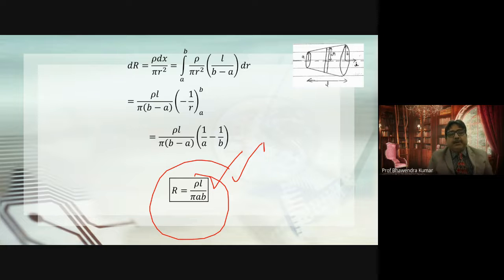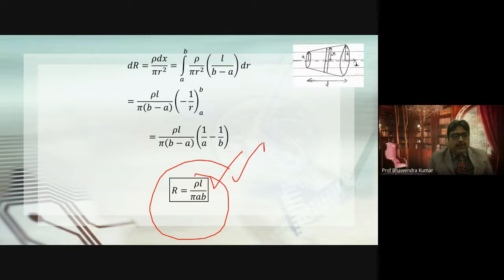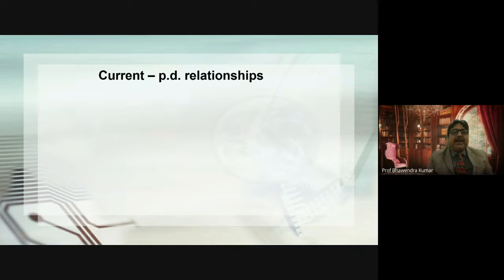Yes, all of you understood? Yes. Okay. Now we know that for Ohm's law, I is directly proportional to V. And according to that, there is a straight line behavior for the ohmic conductor. Correct?